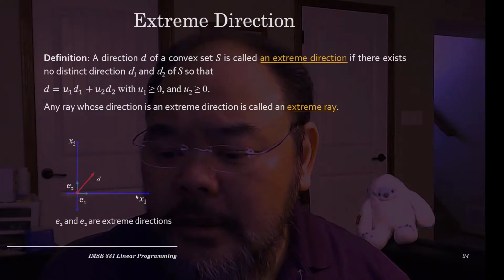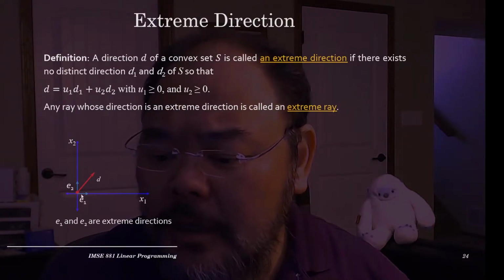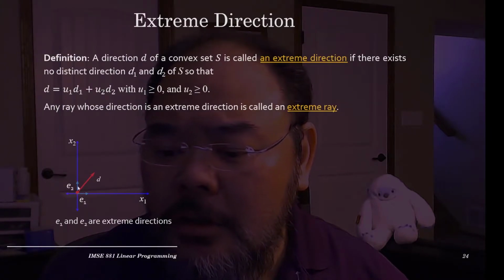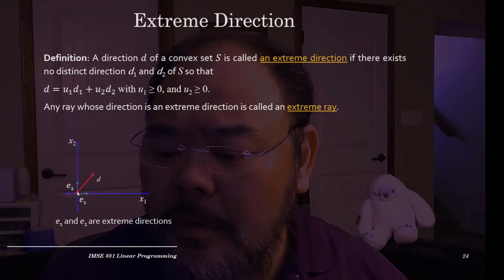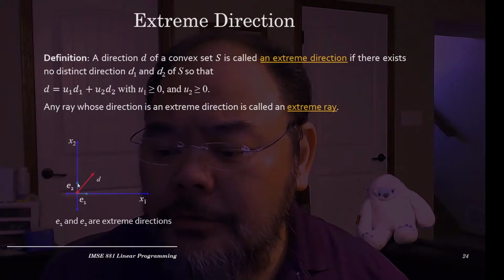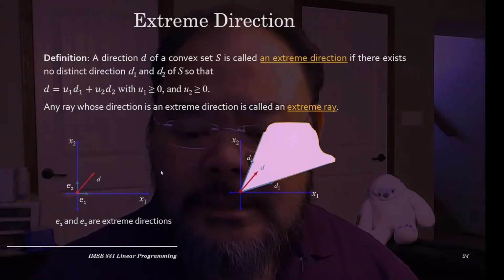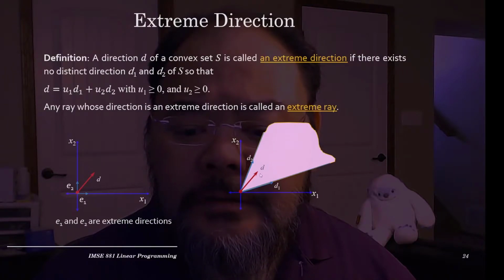For the standard Cartesian space, E1 and E2 are the unit vectors of the x1 and x2 dimensions. Any D can be represented by the cone combination of E1 and E2. Second, if you look at this, this is the feasible area.